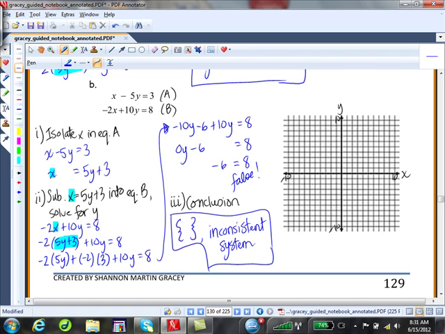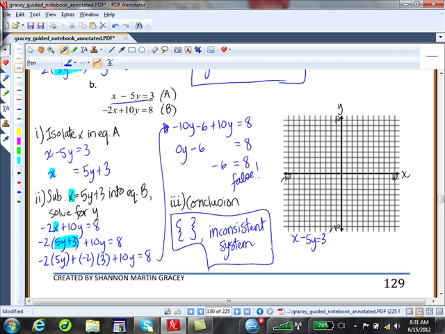Now, the graph of this, again, we can use intercepts or whatever you want to do. I'll do this one in blue. Or actually, just for the heck of it, let's get these into slope-intercept form. So x minus 5y equals 3.